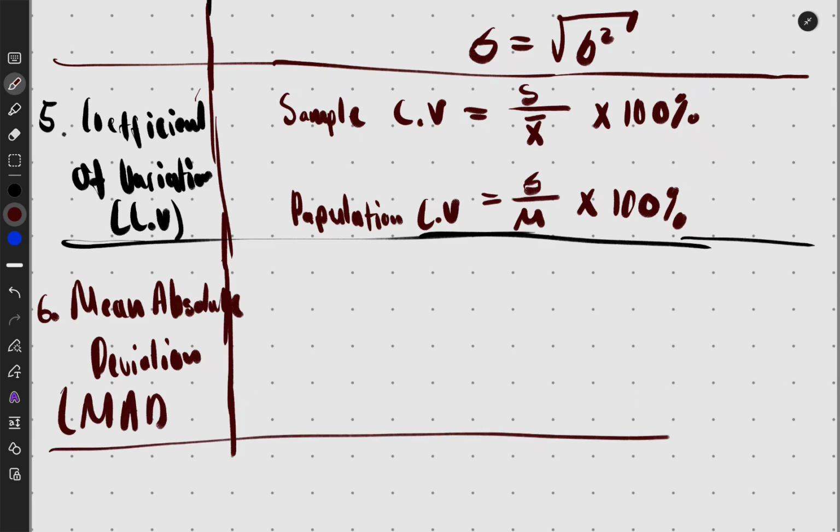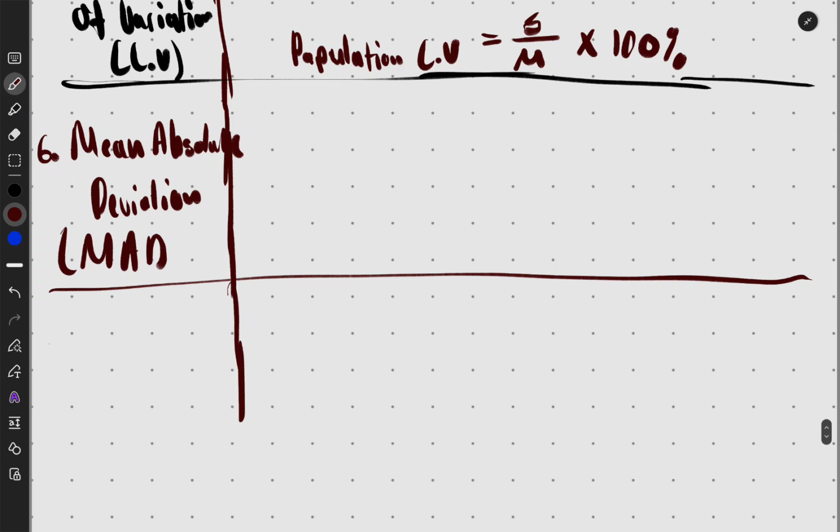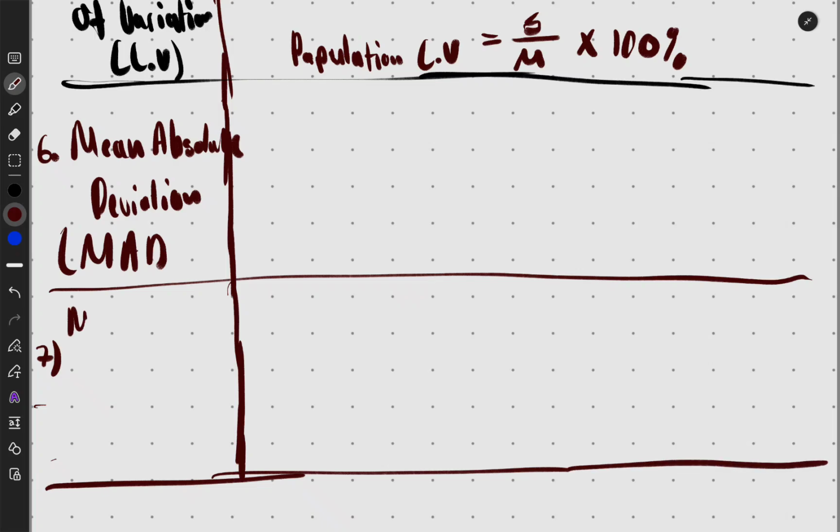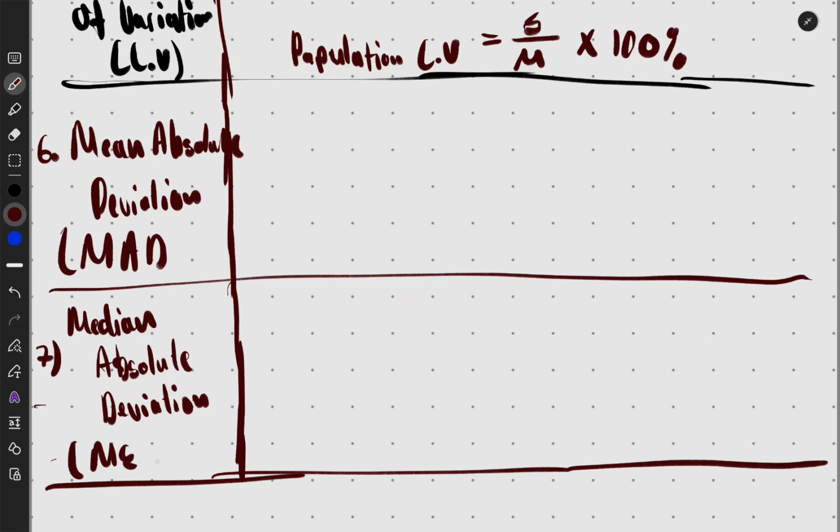Then we have the median absolute deviation, which is the 7th and final thing to know. What do you do when you want to get it? So here we have the mean absolute deviation, which is just MAD.